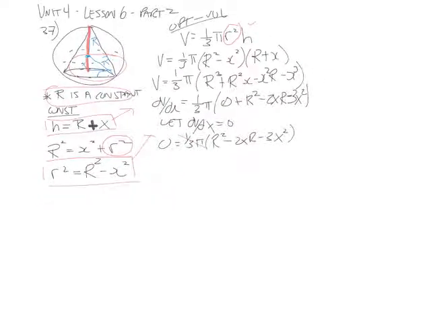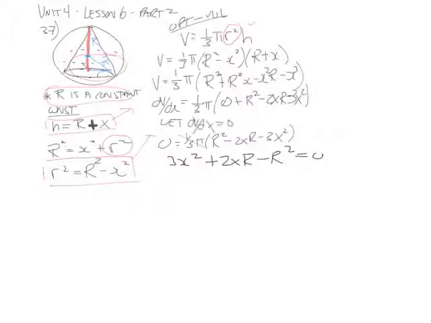I'm left with 0 equals, moving the x squared to the other side to make it positive, 3x squared plus 2xR minus capital R squared, so I just rearrange the equation, equals 0. Now we have a quadratic to solve, so I can use the quadratic formula.